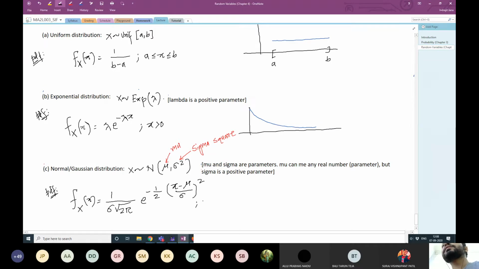And this PDF is valid for the whole real line. The x could be anything. The graph of this probability density function would look like this.